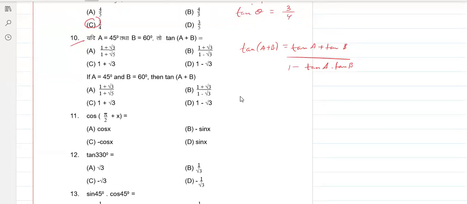So remember tan A is 45 degrees. Tan B is 60 degrees, right? So what's tan of 45? So tan of 45 degrees, we'll draw the triangle.